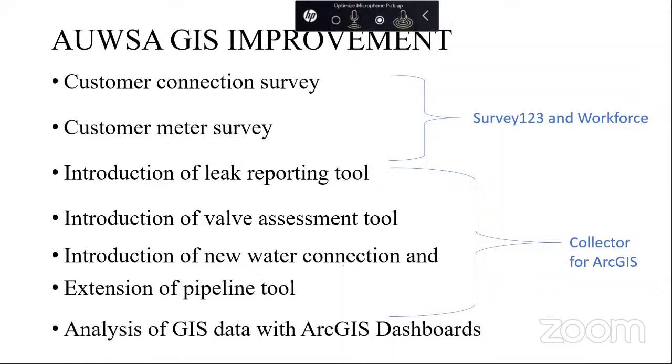For leak reporting, at least to have an overview of the condition and behavior of our pipe network, at what condition and which pipe is contributing so much to leakage. And also we assessed the quality and condition of our valves.